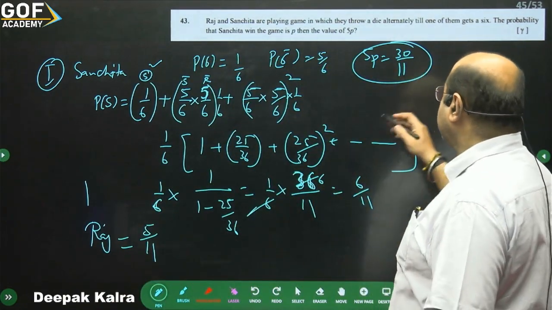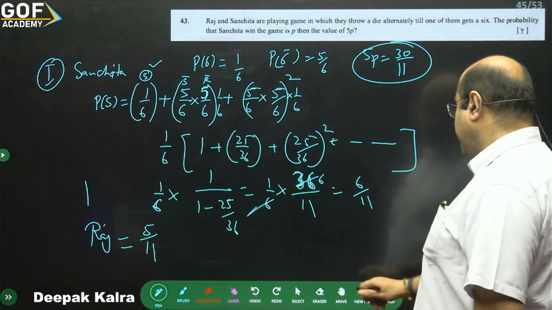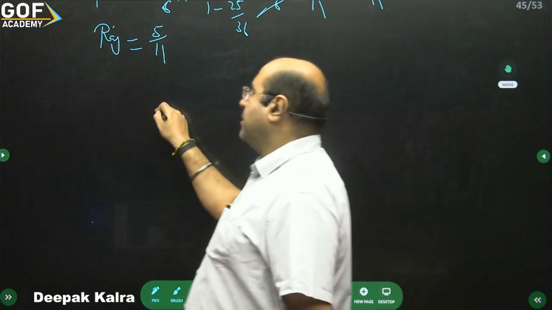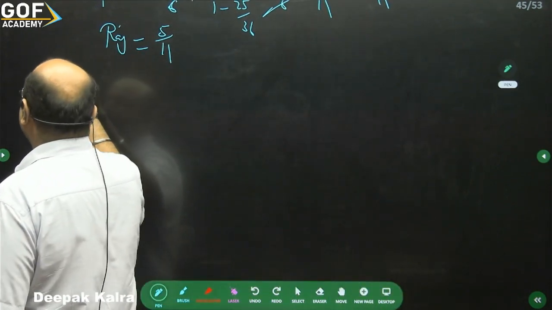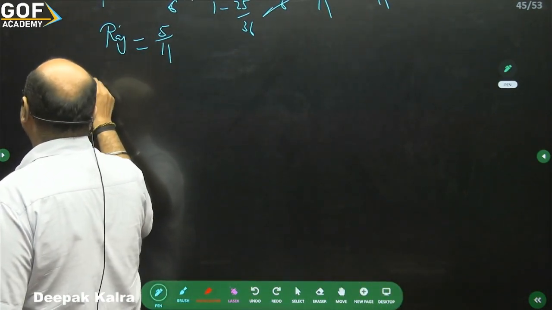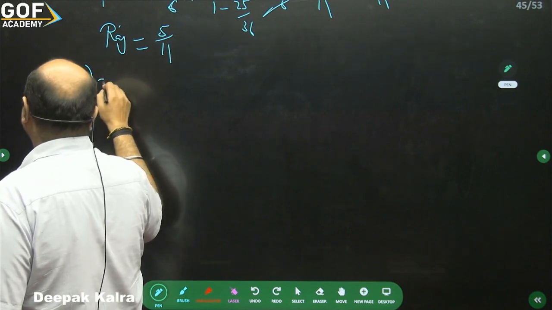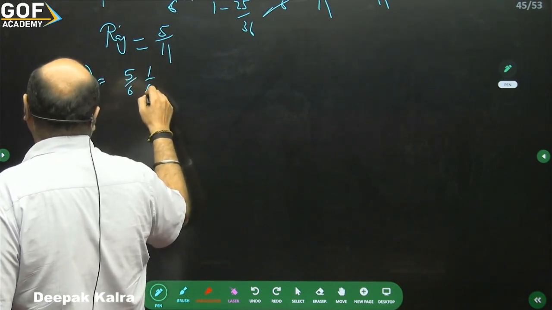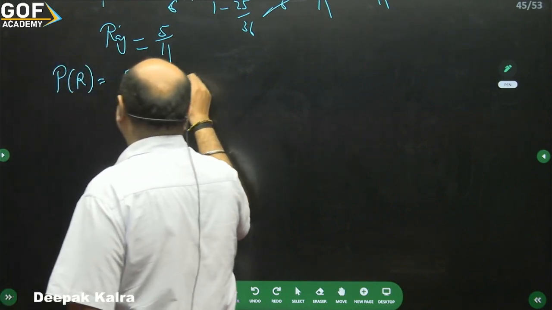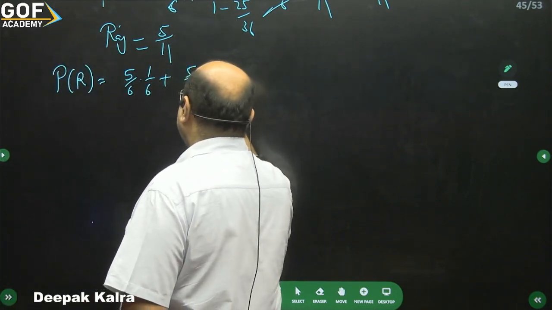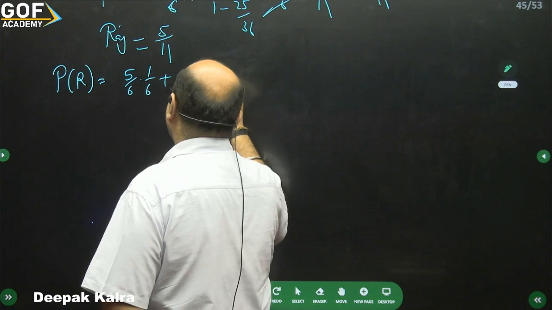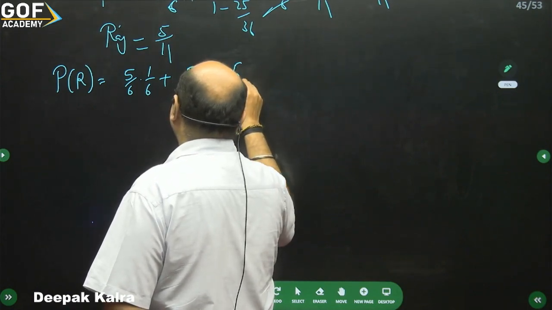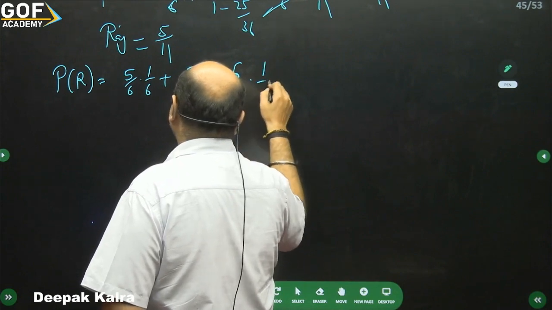Second case, Raj begins the game. Okay, Raj begins the game and Sanchita wins. So Raj should not get, Sanchita should get and wins the game. Raj didn't get, Sanchita didn't get, Raj again should not get, then Sanchita will win the game.